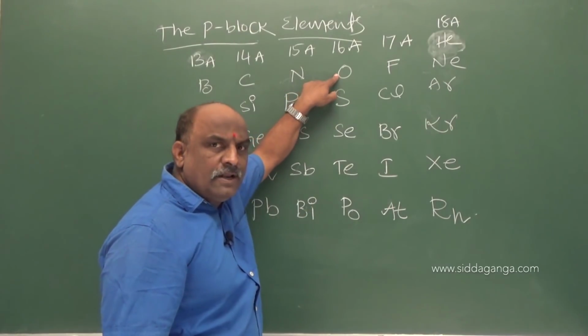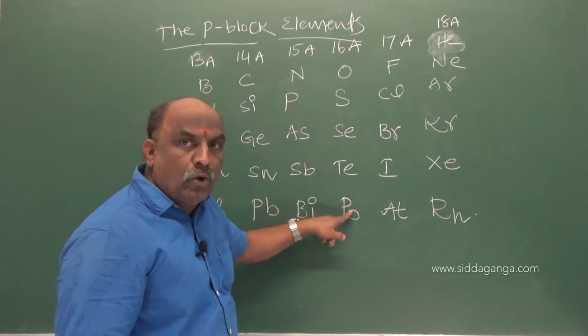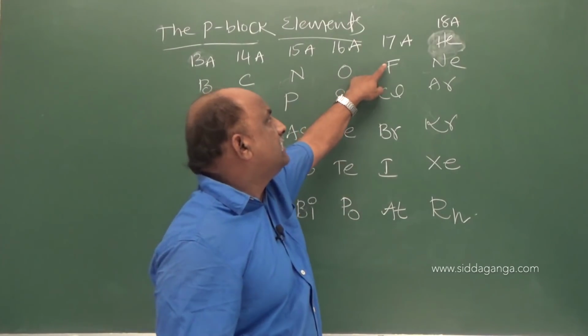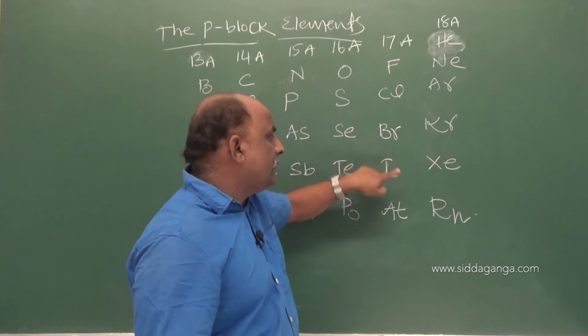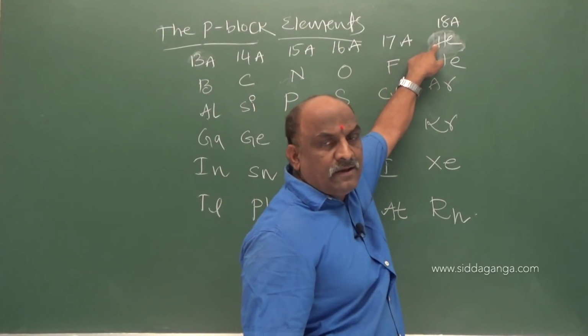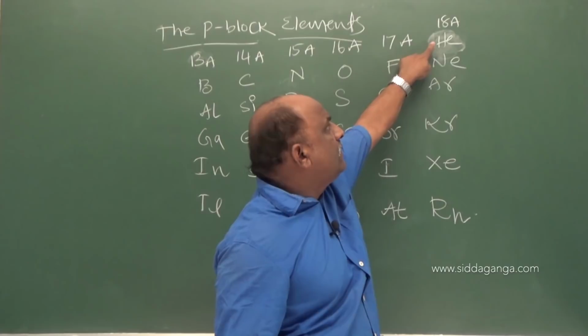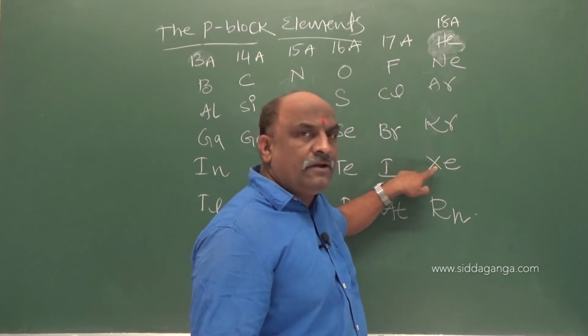The 16th A group: oxygen, sulfur, selenium, tellurium, polonium. The 17th A group: fluorine, chlorine, bromine, iodine, astatine. And the last one is the noble gases: helium, neon, argon, krypton, xenon, radon.